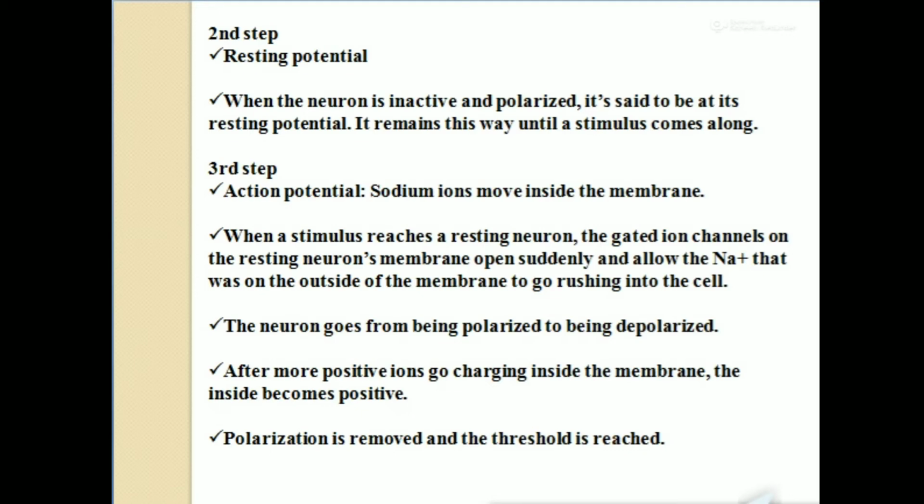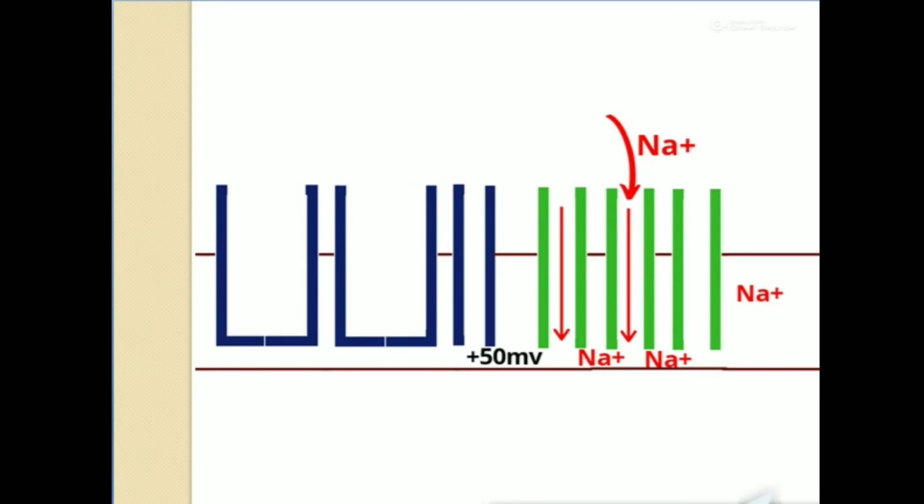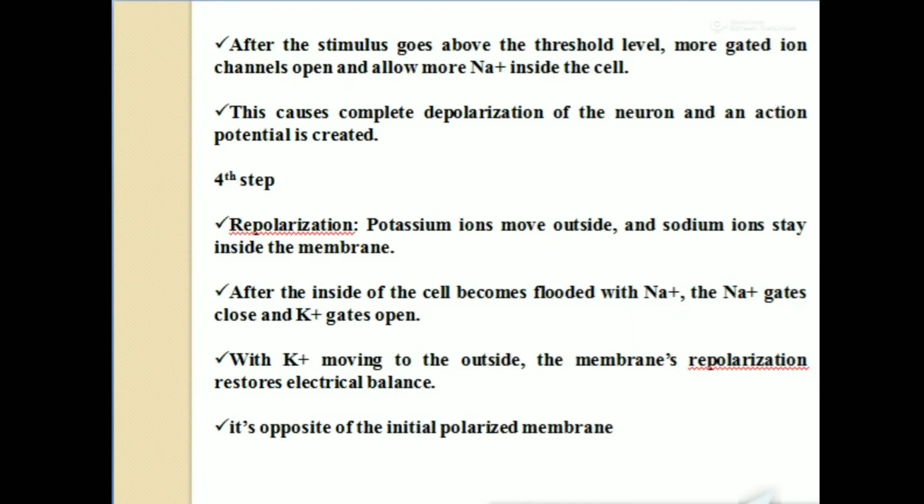That means from the polarized state, the cell undergoes the depolarized state. All the potassium channels remain closed except some, whereas all the sodium channels become open, and that causes the influx of sodium ions. What is the next phase? From the polarized state we go further to the depolarized state.